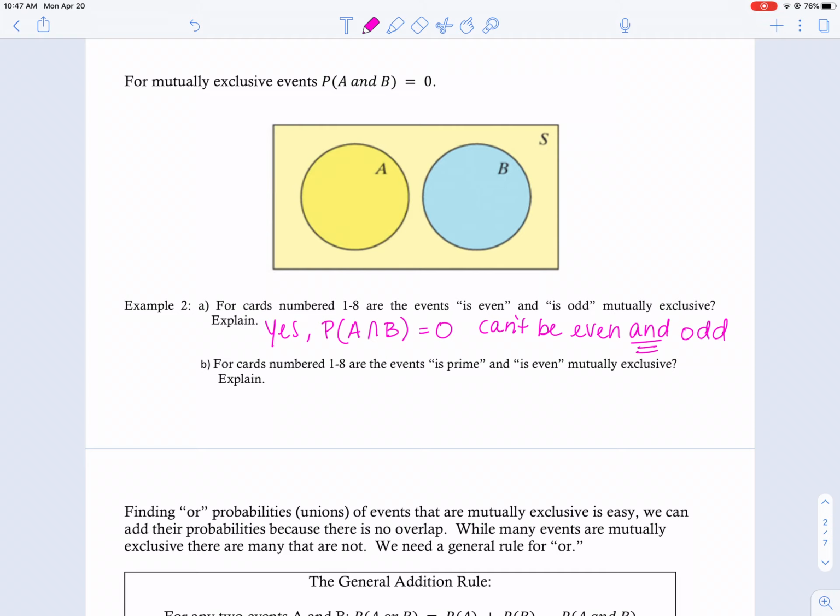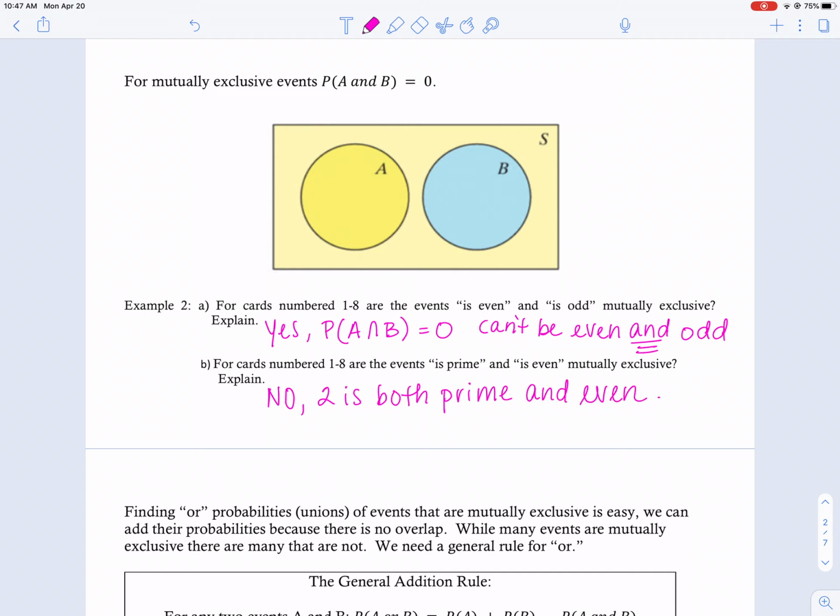So now for part B, it says numbers 1 through 8, the events are is prime and is even. Are they mutually exclusive? Well, I just kind of answered that. No, because 2 is both prime and even.